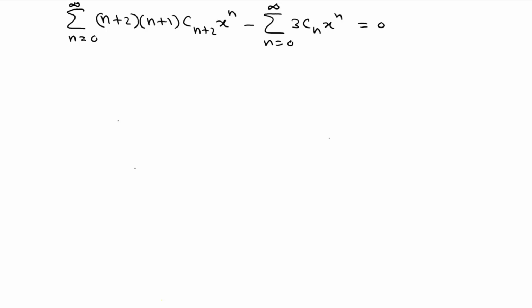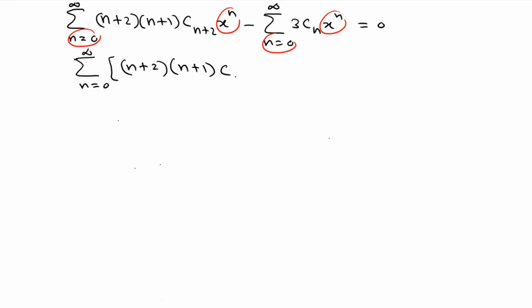When you combine, they are all the same term with the same index, so you can just add them, simple algebra. So we have (n plus 2)(n plus 1) cₙ₊₂ minus 3 cₙ, all times xⁿ, equals 0.